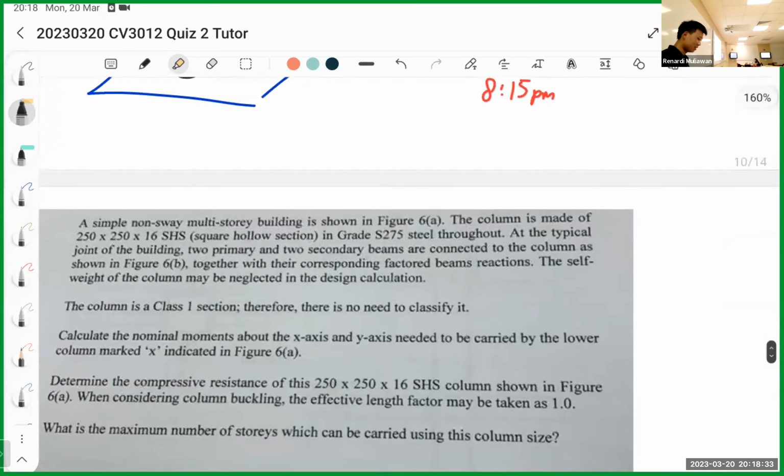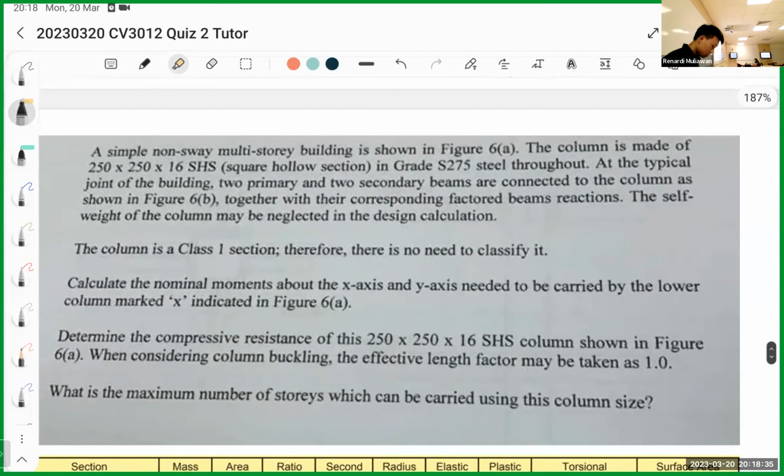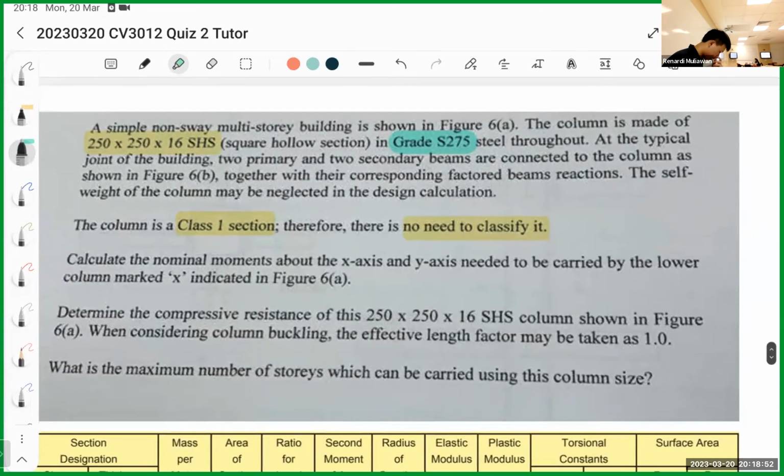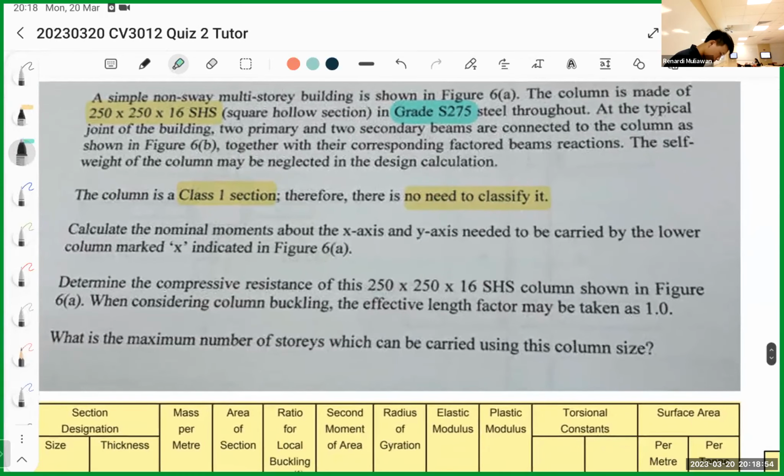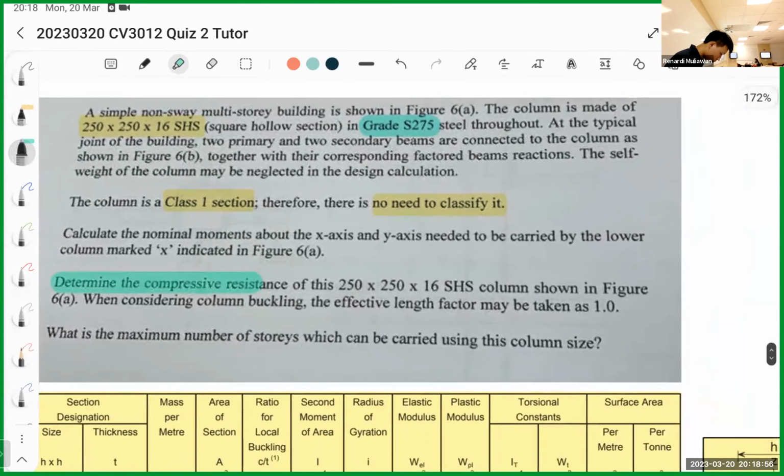Okay, so let's just see the question. The column is made of this square hollow section, grade 275, class 1, no need to classify. So they give already class 1. Then determine the compressive resistance.